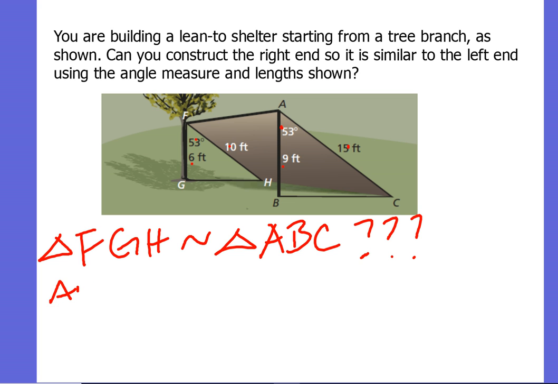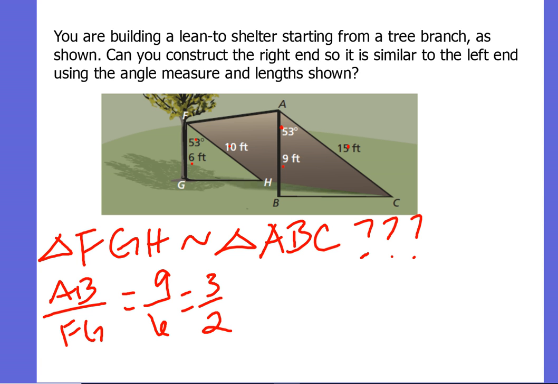So AB corresponds to FE. Those two sides correspond to one another, and that means their side length ratio is 9/6, for a scale factor of 3/2. So there is my first side. I'll put S over here in parentheses. Then I'm going to identify my angle, so I'll put A in parentheses. I clearly see that angle F is congruent to angle A, right?